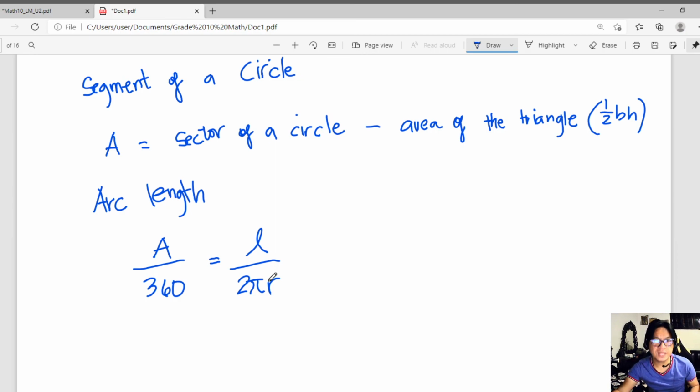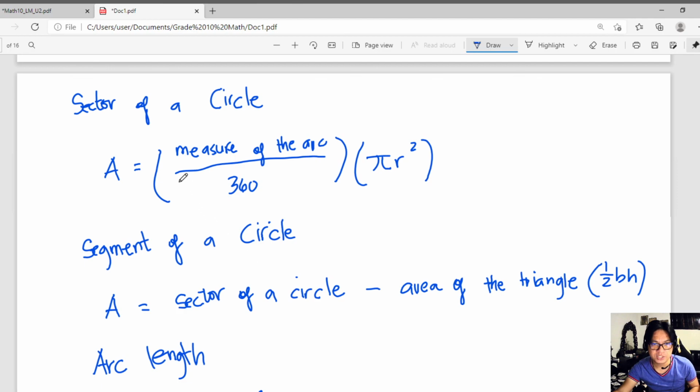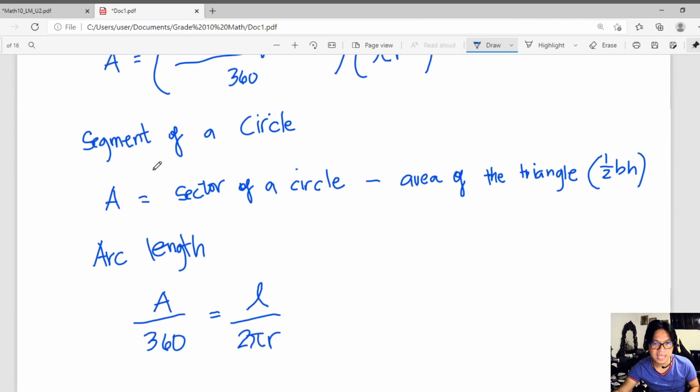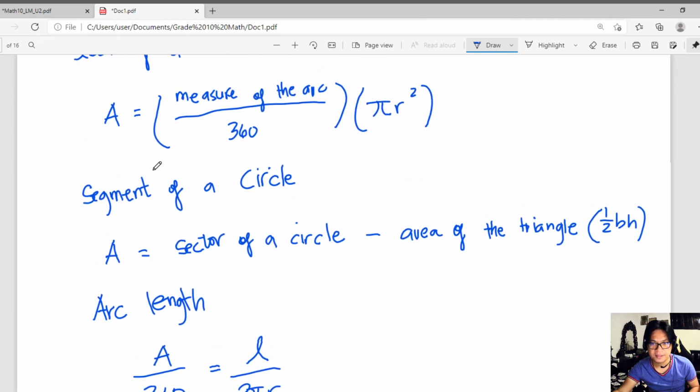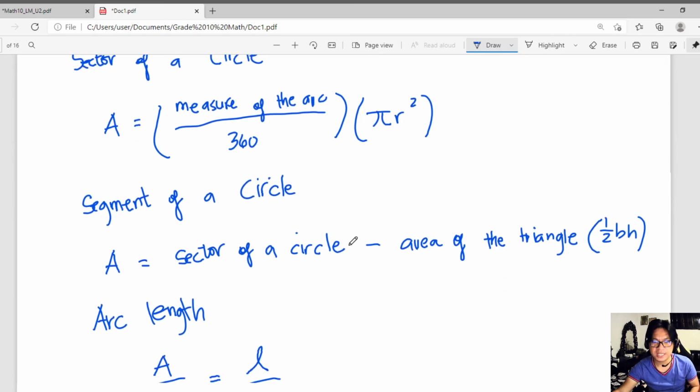So those are the three formulas we need to familiarize ourselves with: the sector of a circle, the segment of a circle, and the arc length. You need those formulas. In the next video, we will have examples and we will use these formulas to find the measures of the given sector, segment, and arc length.